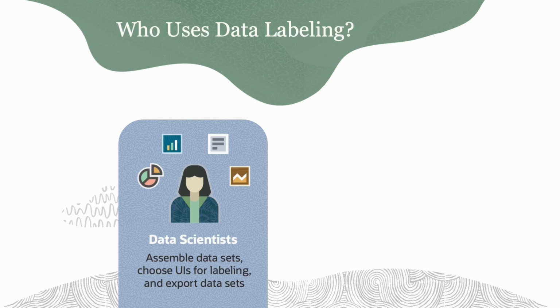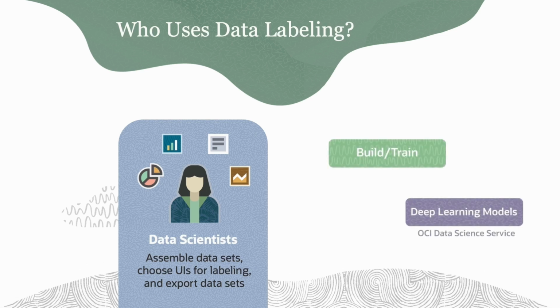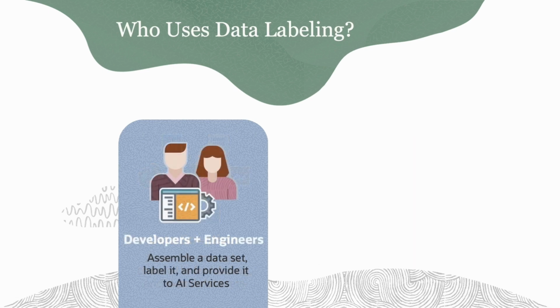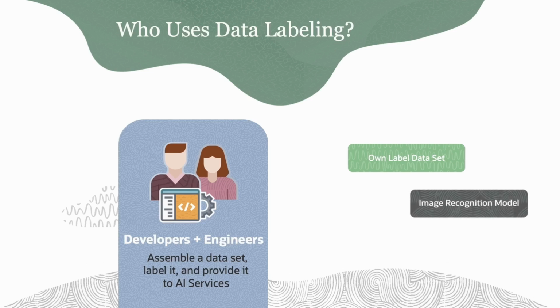These exports then serve as input to build and train deep learning models within OCI data science service. Developers and engineers also use data labeling service to build their own labeled dataset, which is then used to further fine-tune AI services models, such as image recognition model, which is then deployed. They assemble the dataset, label it, and provide it to AI services.